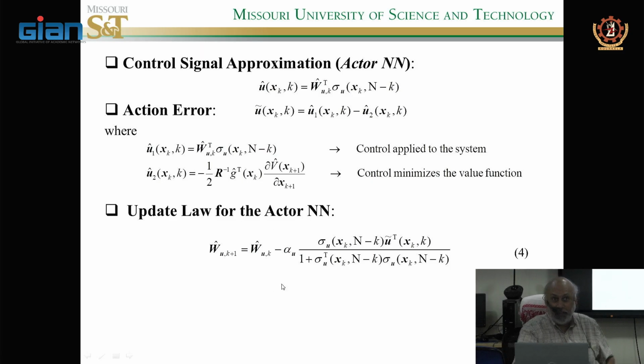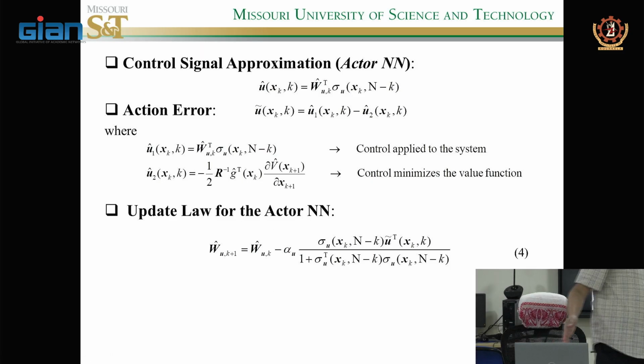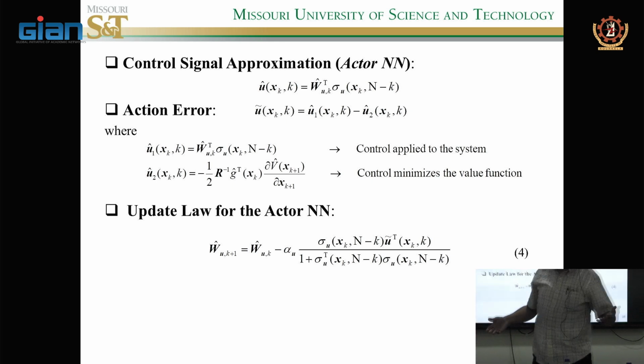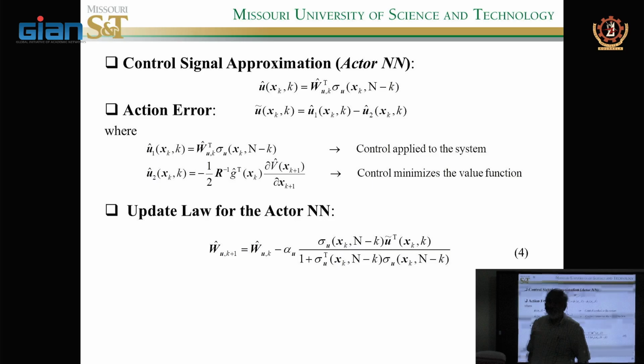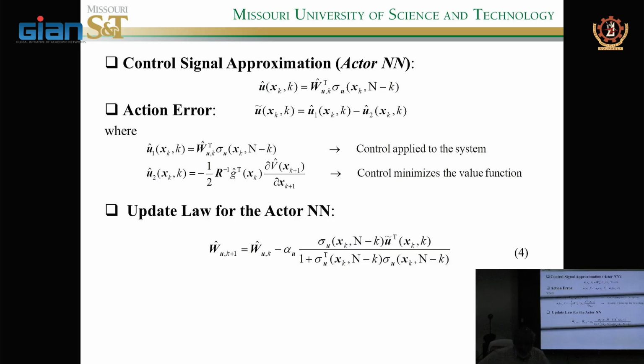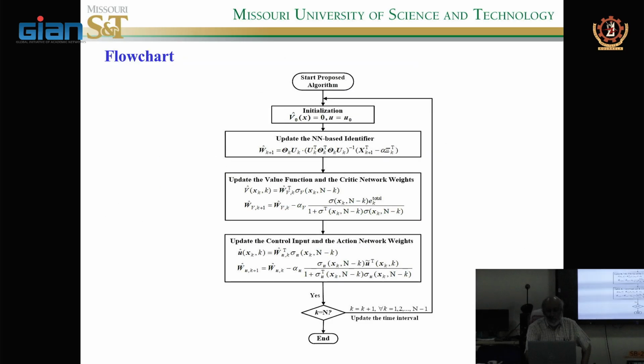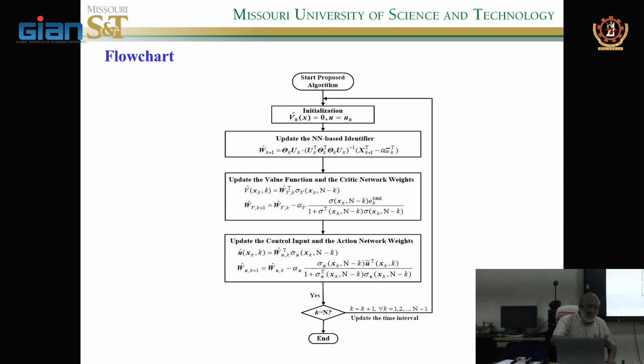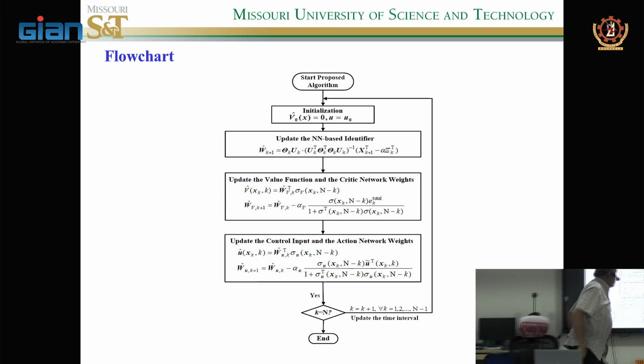Is there a different way? No. The entire world is following this. Unless you come up with some other way, right now this is the way. So now we are tuning the actor, and here is the flow chart. There is no quantized system.